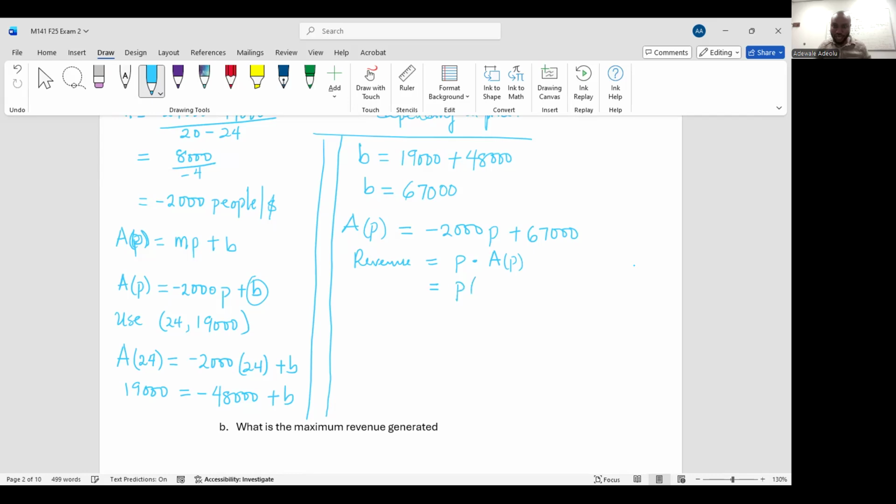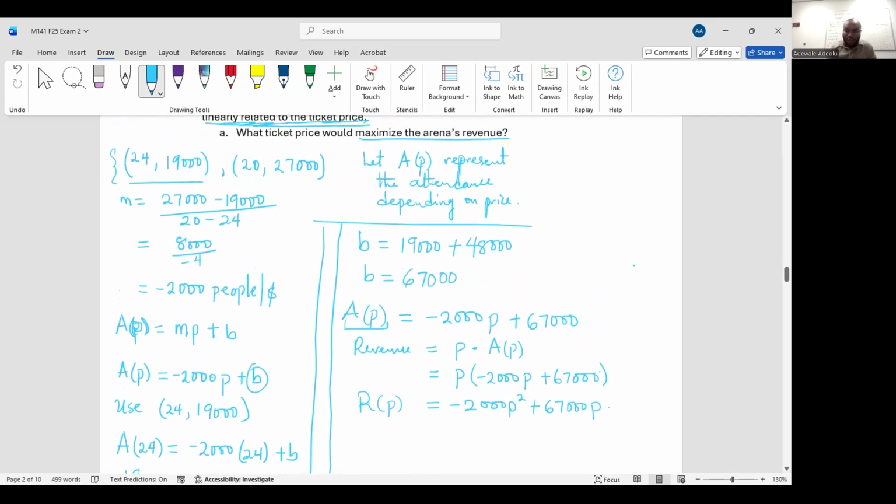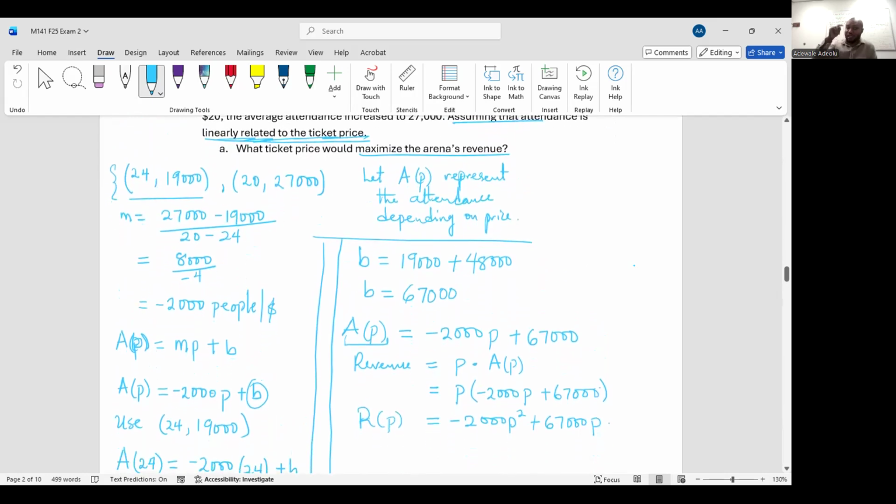So that is P times, remember we have already modeled A of P to be negative 2,000 P plus 67,000. And now we can say this is negative 2,000 P squared plus 67,000 P. So that is revenue that depends on P. Now, our question is to find the ticket price that maximizes the arena's revenue.